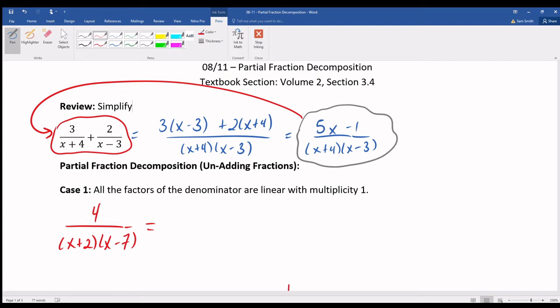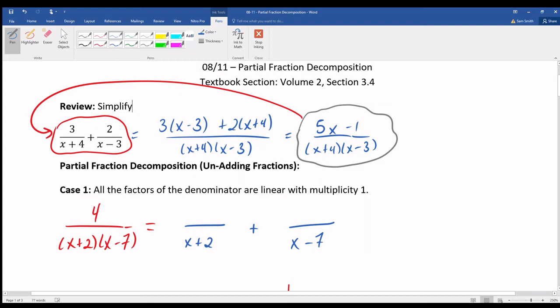Now, motivated by my previous example, I think that it might be reasonable to guess that this would be split apart as 2 fractions, one with the denominator of x plus 2 and one with the denominator of x minus 7.